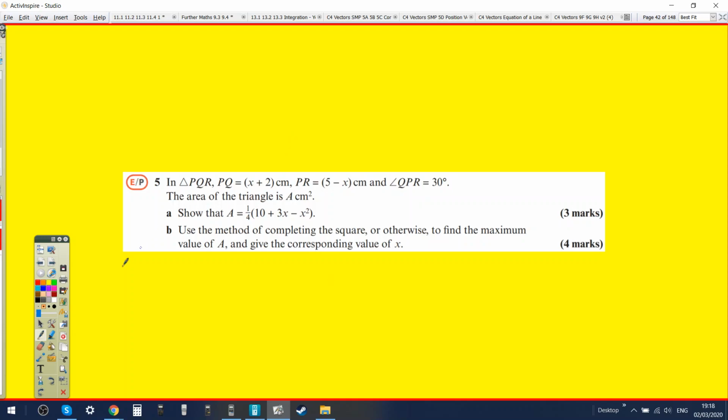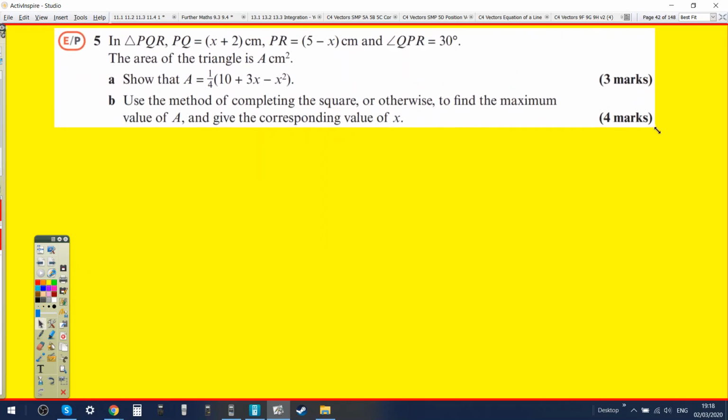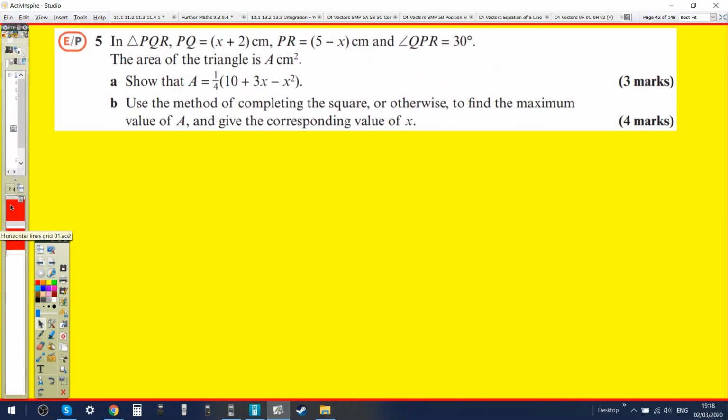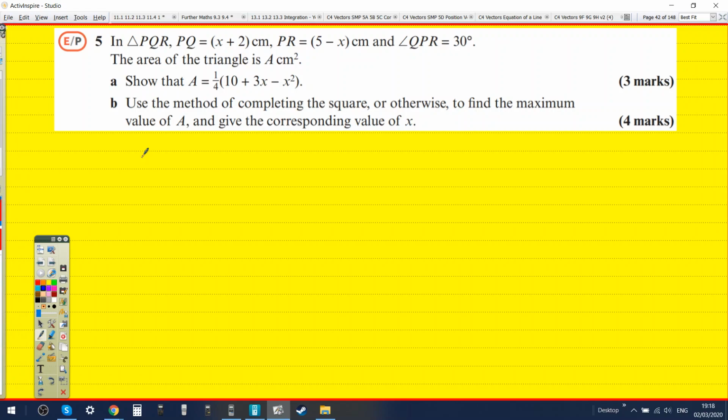Okay, this looks pretty good. Let's try this one. So we have to draw a triangle again, don't we? Yeah, I'll give this a go.